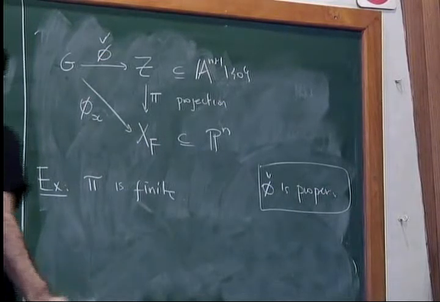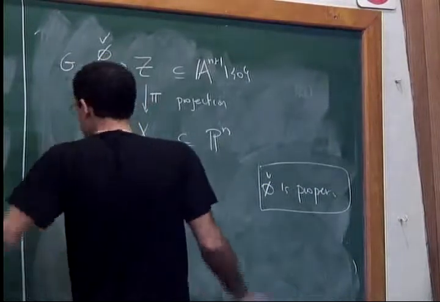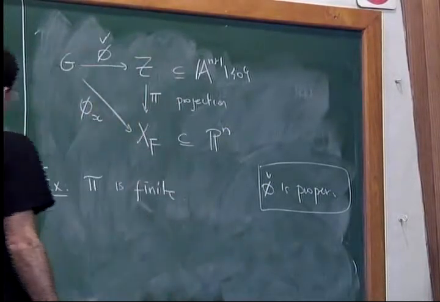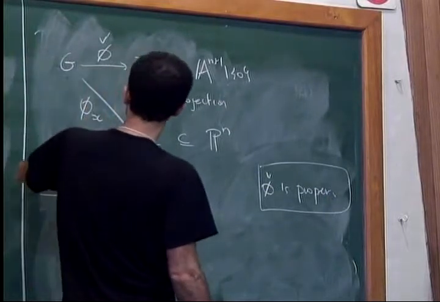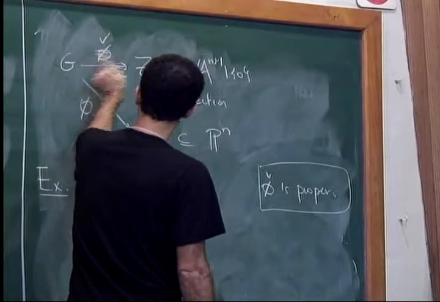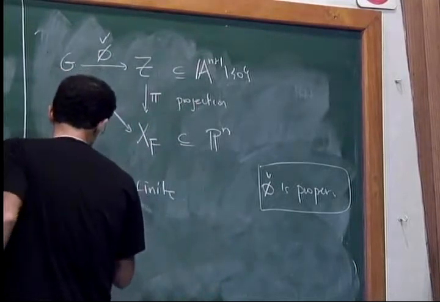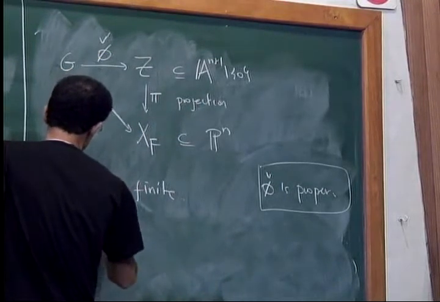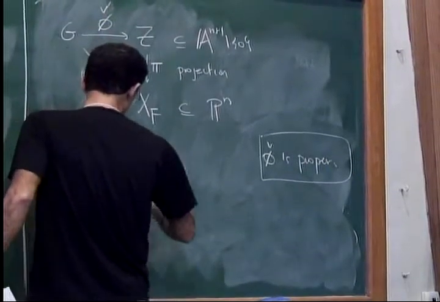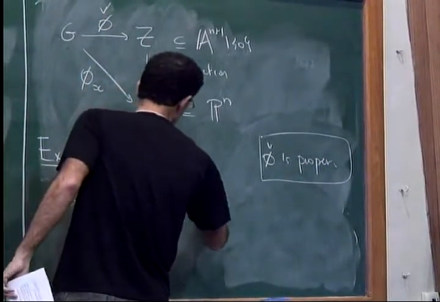So that has nothing to do with group theory. It's just the way it is. So you have a finite map, you have a proper map, right? Then the composition is proper. So phi of x, which is the composition of the phi check, both proper maps. This is a proper map.